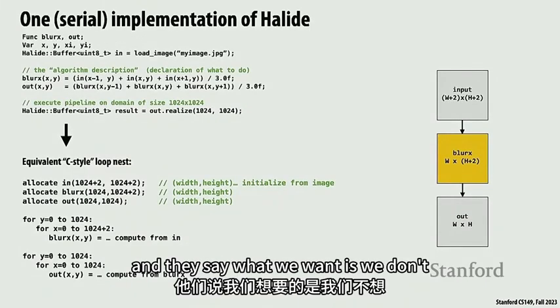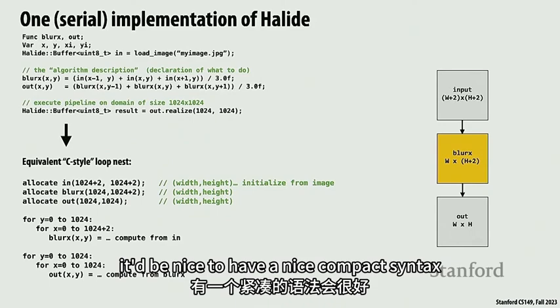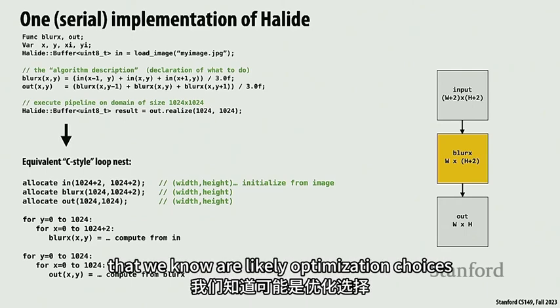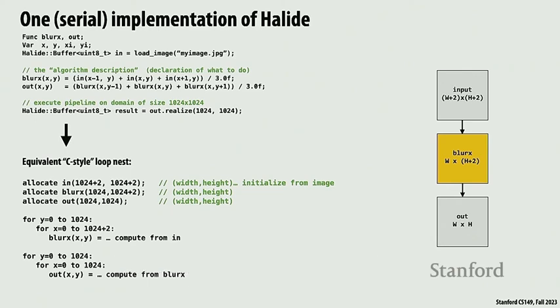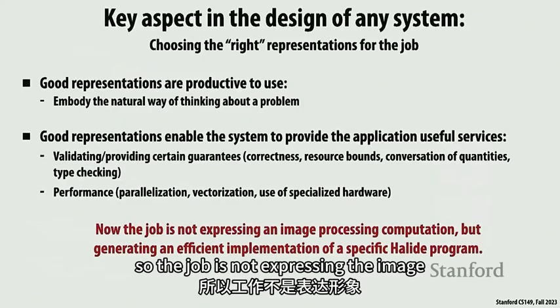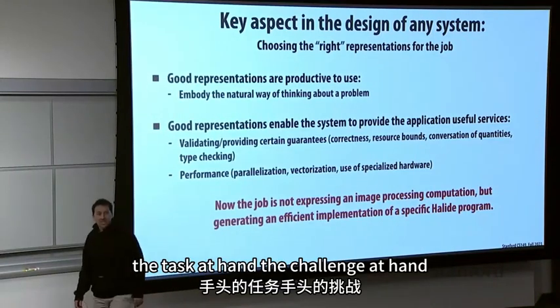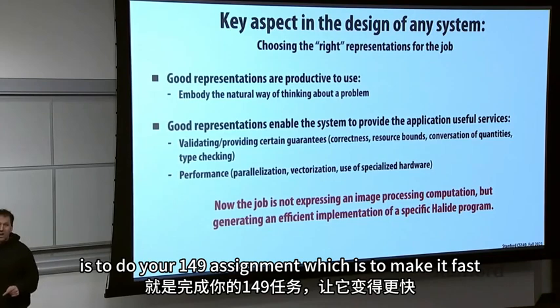And they say it'd be nice to have a compact syntax, but what we really want is to explore the optimization choices that we know are likely optimization choices, and we want to do it very quickly. Okay. So the job is not expressing the image processing calculation. The challenge at hand is to do your 149 assignment, which is to make it fast.